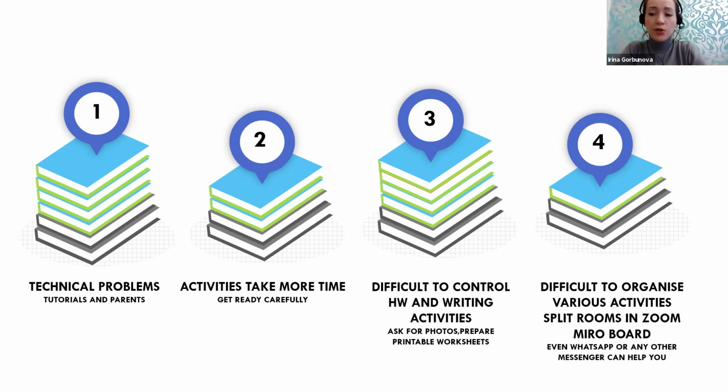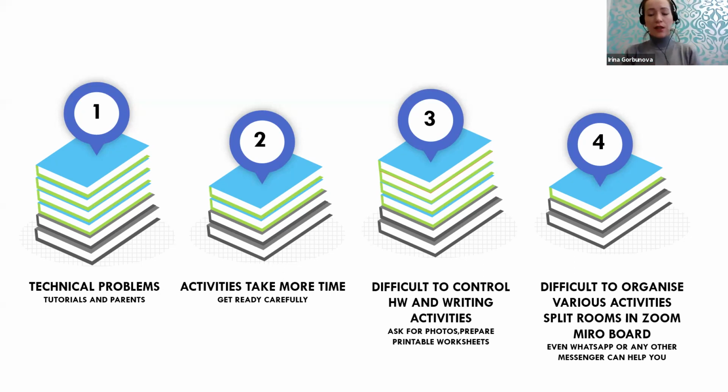Third thing, it's difficult to control homework and writing activities. Yes, that's absolutely true. But I agree with the previous speaker, Karina, that yes, we have this Zoom tool when they can do exercises on our screen, but if there are 4 children, you will just waste your time.